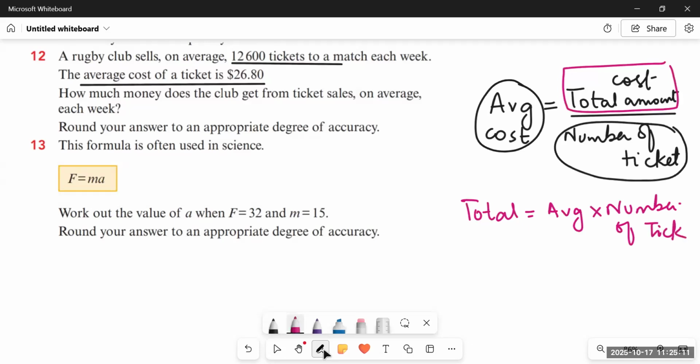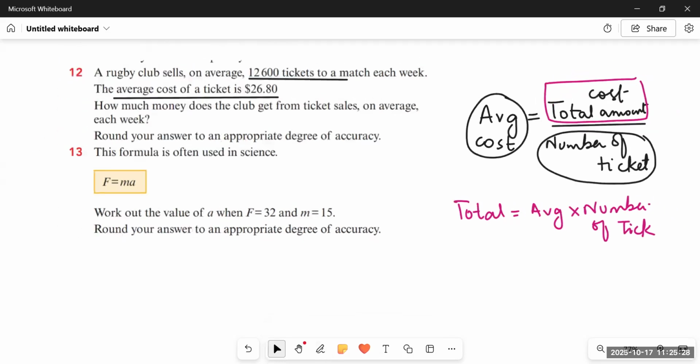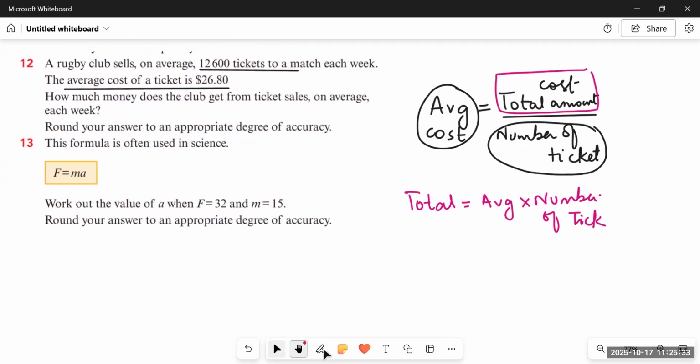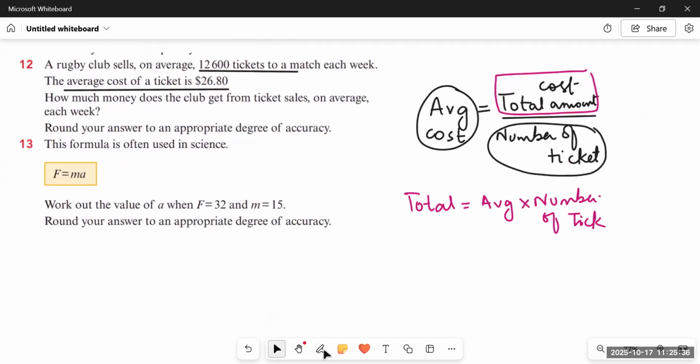Now, the question says, how much money does the club get from the ticket sales on average each week? So what do we have to do? We have to multiply the total number of tickets with the average cost. For this, we will simply multiply 12,600 with 26.80.